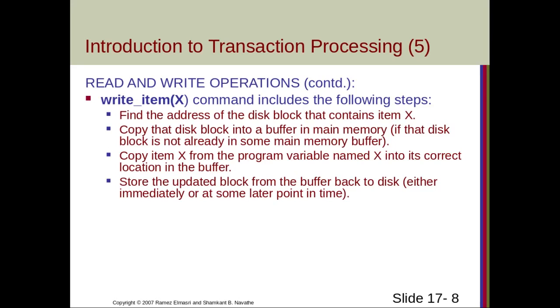Then read and write operations continue. Write item X means again finding the address of the disk block that contains item X, then copying the disk block into the buffer in main memory. For whichever data item you are going to make corrections, you do that in the block. Then you store the updated block from the buffer back to disk.